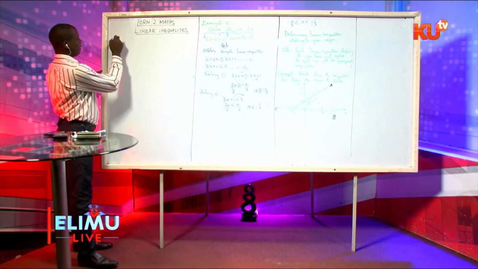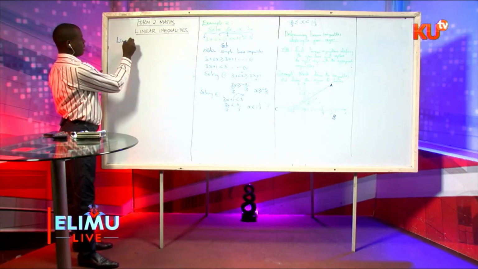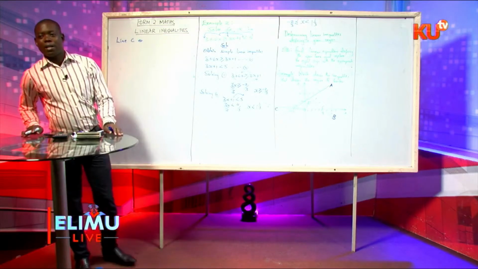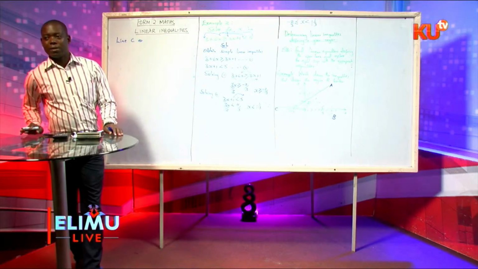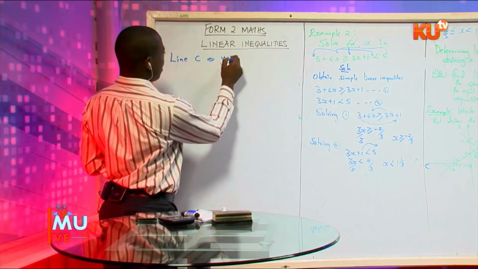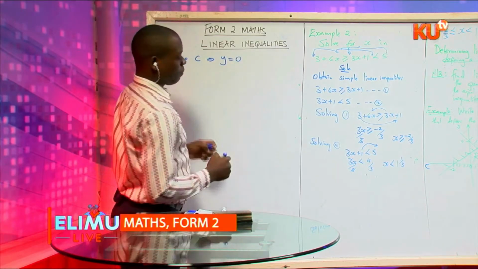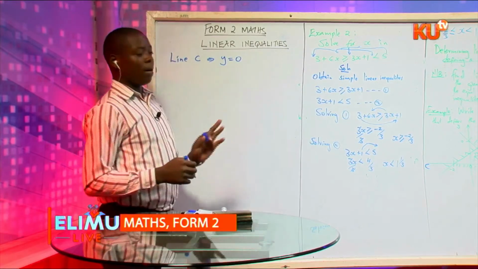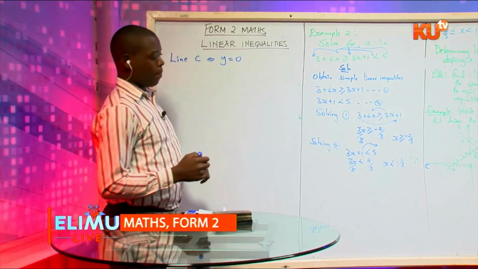So we start from there. That line C, being the x-axis, what is the equation of the x-axis? Yes, the equation of the x-axis is y is equals to 0. But if it's the y-axis, it becomes x is equals to 0.